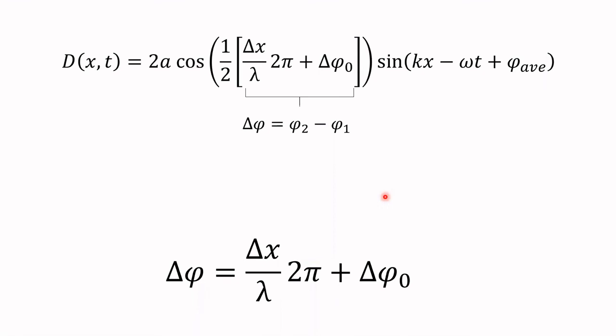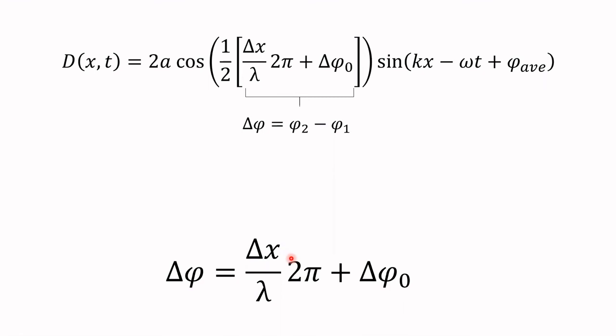I'll talk more about this in a second, but you can see what this first term tells you. It says, take the path length difference, compare it to the wavelength, and then just take that fraction of 2 pi radians. It's like one of the examples we looked at. The path length difference was a full wavelength. One speaker was one wavelength apart from the other speaker. So delta x here was just lambda. Well, what's lambda over lambda? That's 1. 1 times 2 pi is 2 pi.